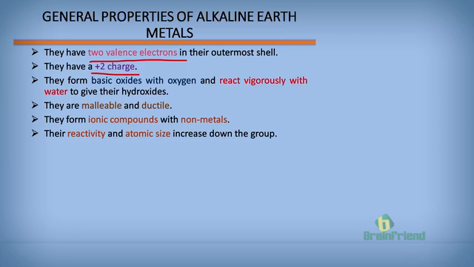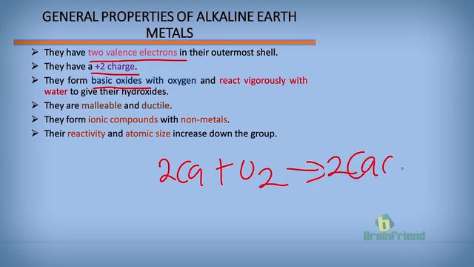They form basic oxides with oxygen, as we saw in the previous slide. So calcium reacting with oxygen will give us calcium oxide. This is a basic oxide. And they also react vigorously with water to give their hydroxides.